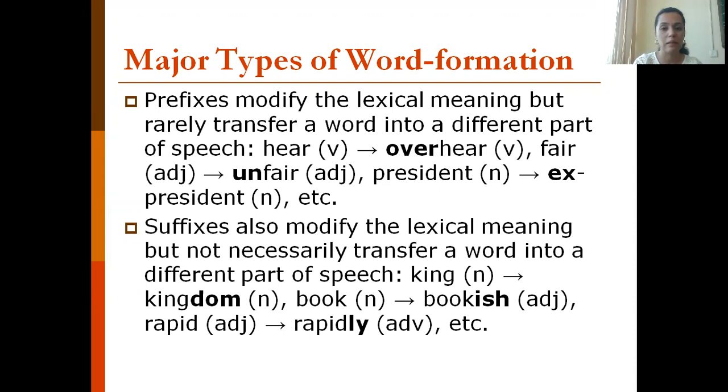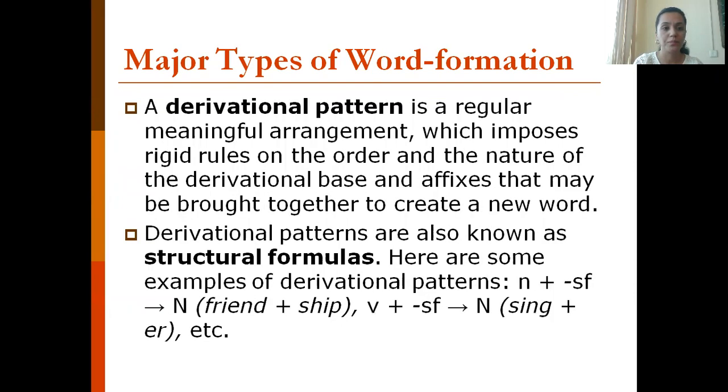For example, here, over here, fair, unfair, president, ex-president. Suffixes also modify the lexical meaning but not necessarily transfer a word into a different part of speech. King, kingdom, book, bookish, rapid, rapidly.